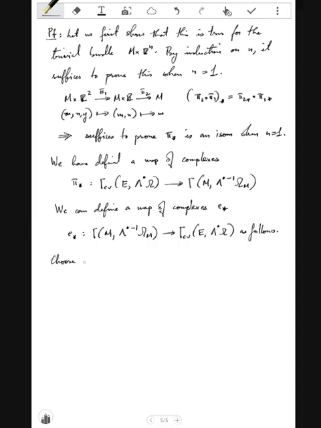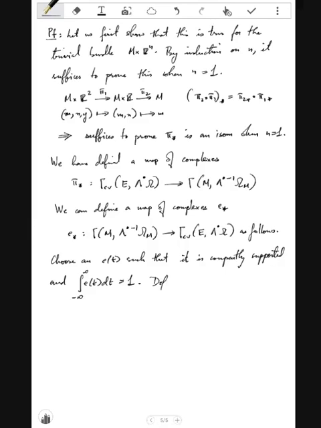Choose an e(t) such that it is compactly supported, and integral e(t) dt is equal to 1.